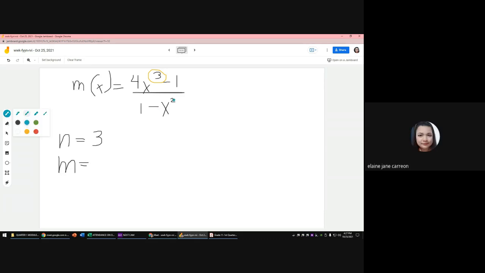Very good. Who is bigger? n. Correct. n is greater than m. Therefore, our answer here is there is no horizontal asymptote.